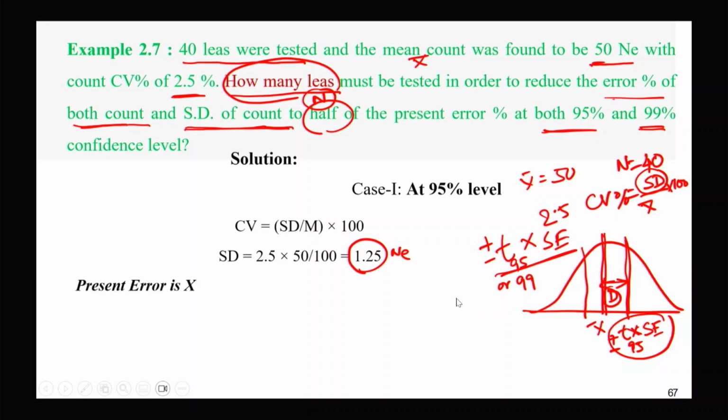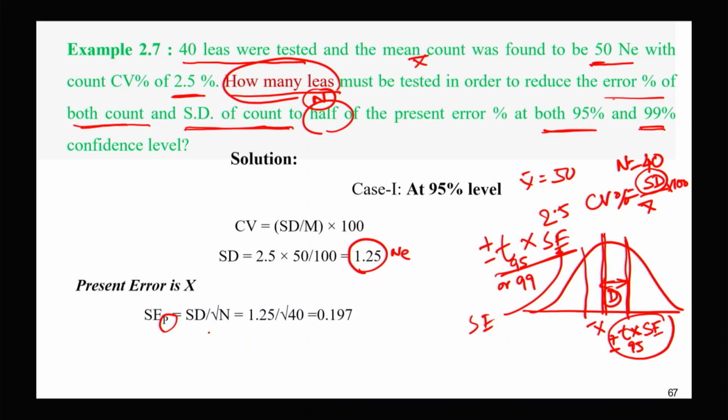This error percent we have to calculate first. So, present error is that X. So, what is the error percent? So, we know we have standard deviation, we have number of leaves, initial number of leaves. So, from standard deviation and number of leaves we can calculate the standard error. So, standard error at present, P is called present standard error.